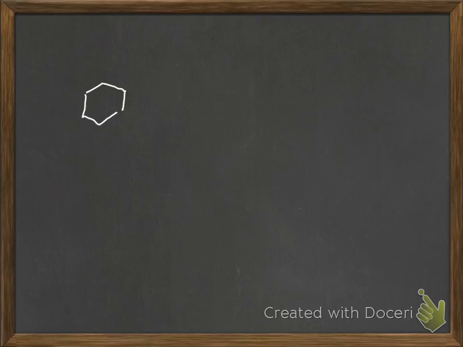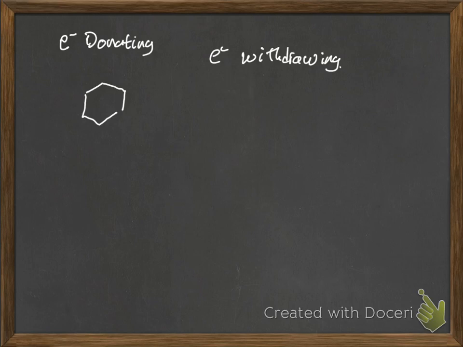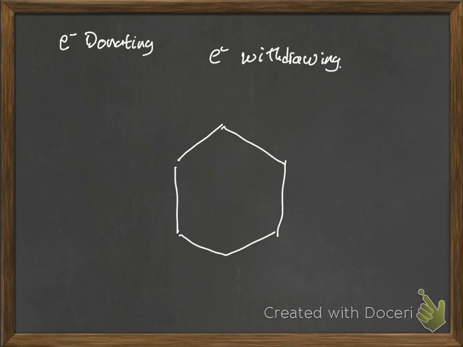Now, let's look at something else. What we're going to look at now is electron donating and electron withdrawing, and we're going to analyze this through a big aromatic ring. All right?